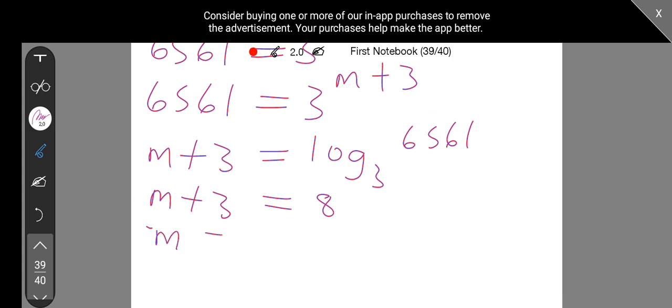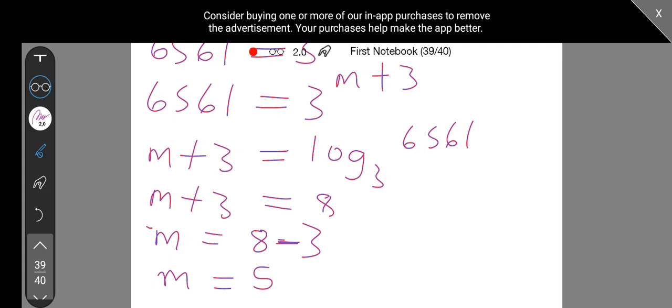Therefore m is equal to 8 minus 3, sorry, because we've taken the 3 to the right side and it changed its sign. So 8 minus 3 gives us 5. My brain was running ahead of my hand.